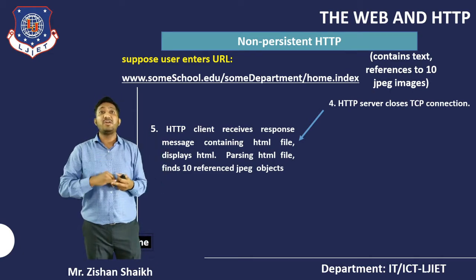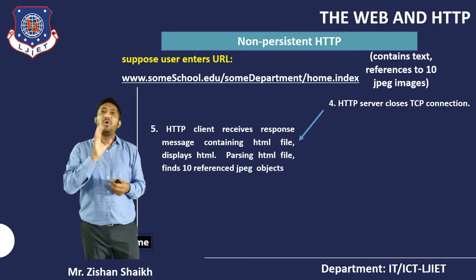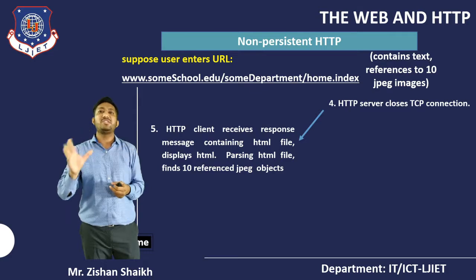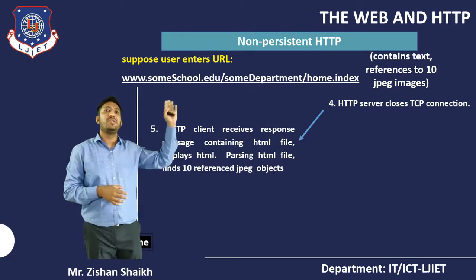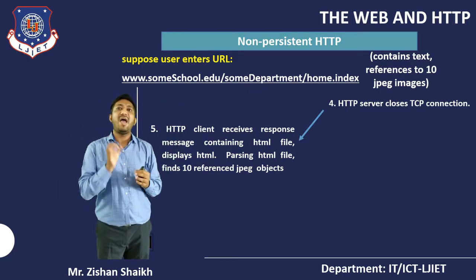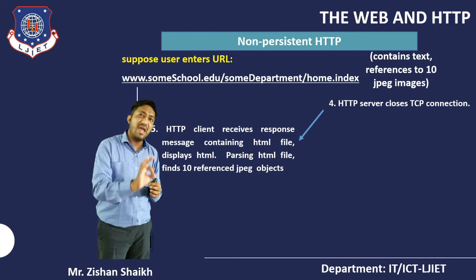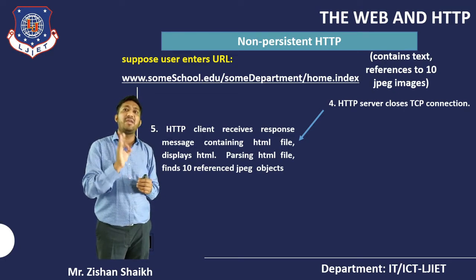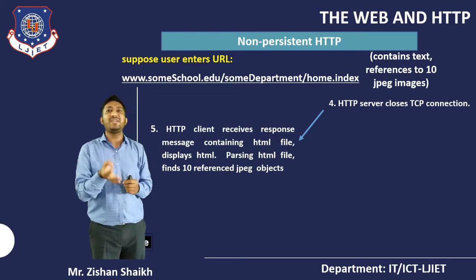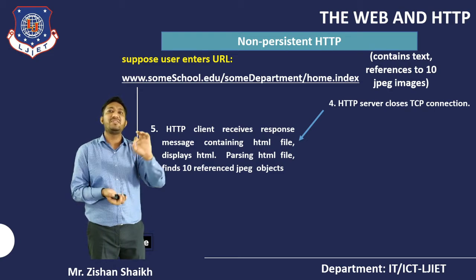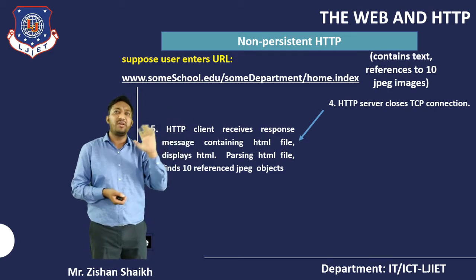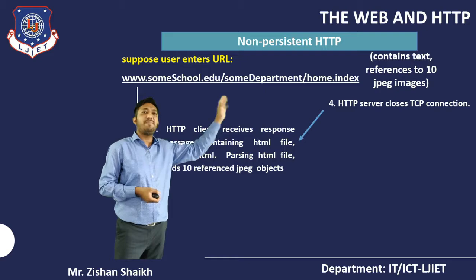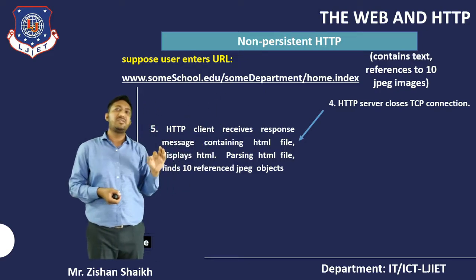In the first three steps, only one object is given in the response. But when we use non-persistent HTTP, every time the connection is closed, so for each and every request, a new connection has to be generated. According to this, in step number 4 our connection is closed.